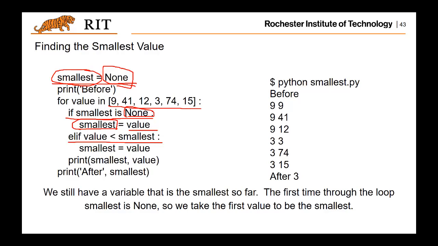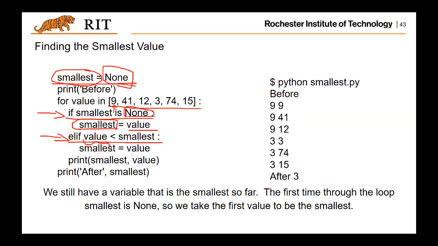So this condition will be satisfied only at the first iteration. That means when value is 9, the smallest variable will be set to 9, and afterwards this will never be satisfied, and it goes to here, where the value and the smallest value are compared.